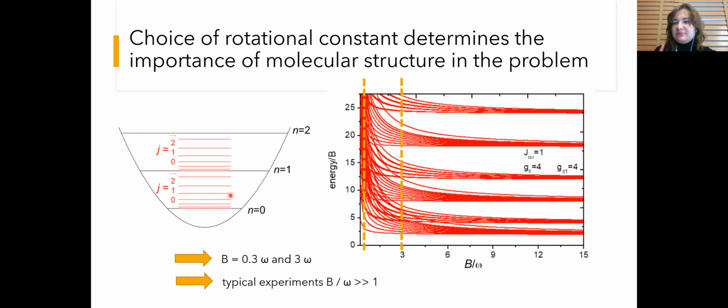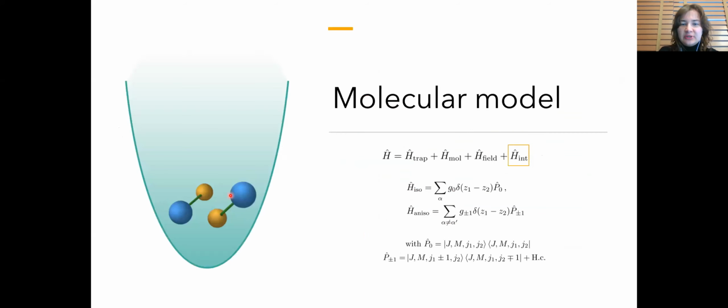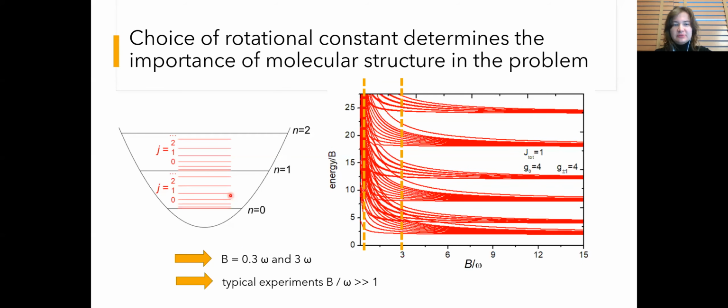We would like to have that, but it's never possible. Experiments are when B is big and omega is small. So you have quite a few trap levels before you actually change your rotational level. Yeah, exactly. That's why, actually, okay, I won't click because it will take a moment.